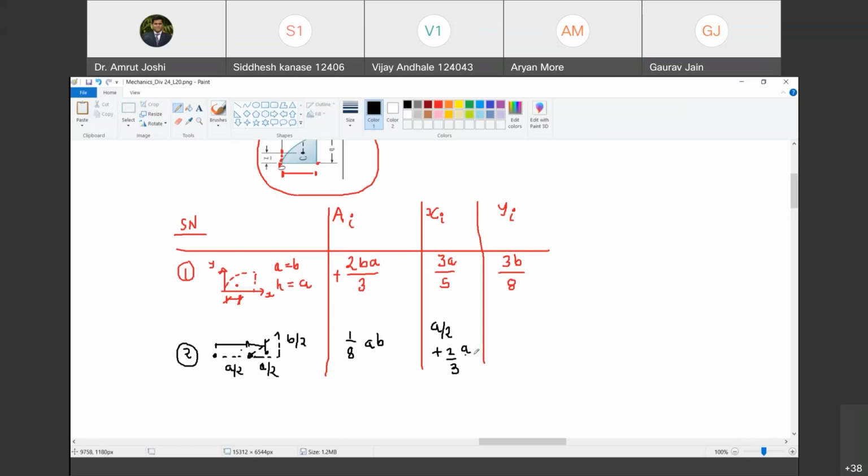Happy? Yes, sir. And what is y bar? Y bar will be equal to 1/3 of b by 2. Are you with me? Yes, sir. Because this distance is going to be 1/3 of height, 1/3 of b by 2. So all these are known formulae, so therefore I am running a little fast. Let us go ahead.